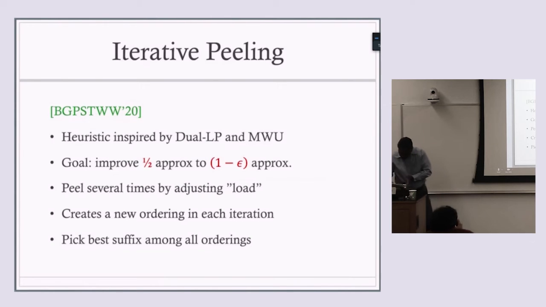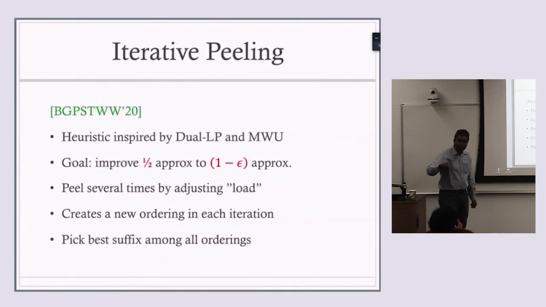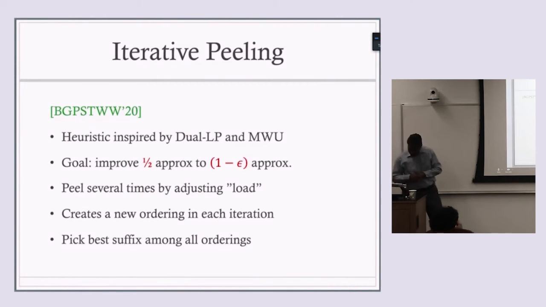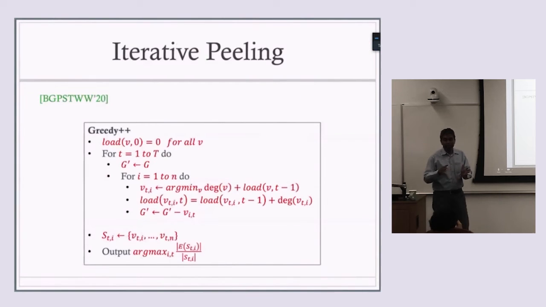They call it iterative peeling. It does it many times in some adaptive way, and they claim that it will converge to some solution. So what is the algorithm? The algorithm is a variation of this peeling. In the first iteration, it does this greedy algorithm.